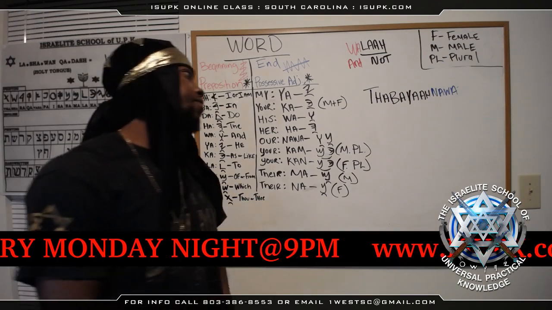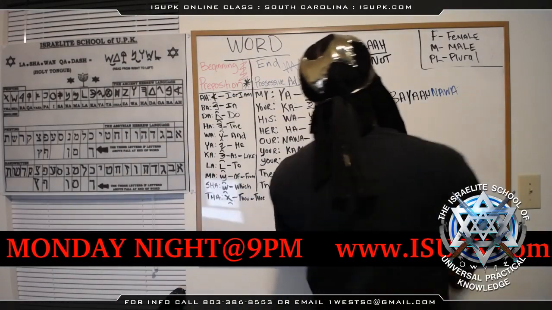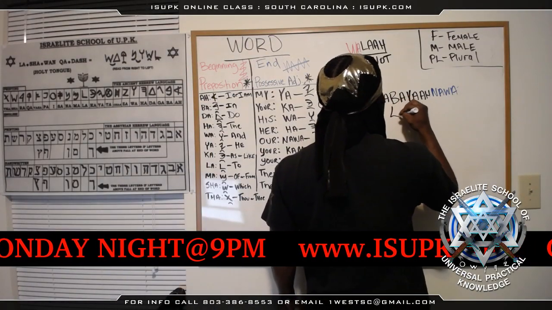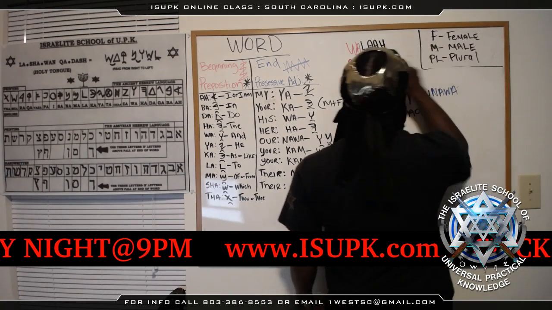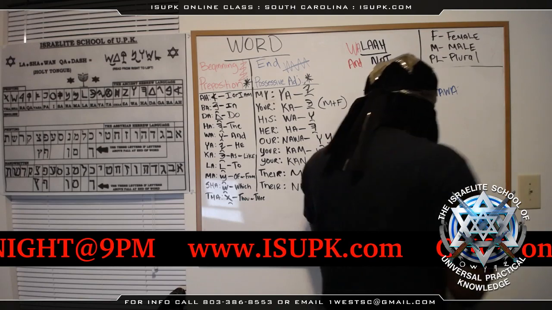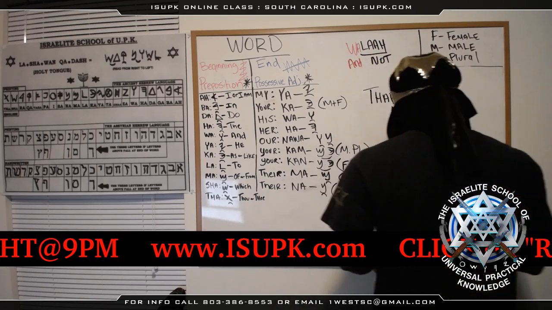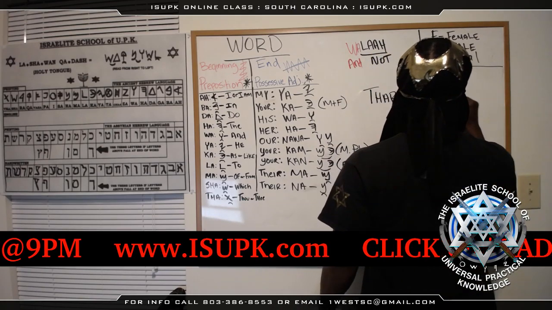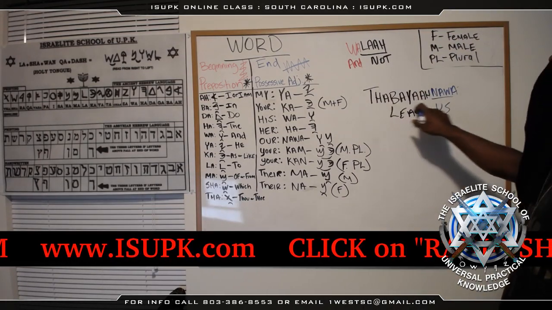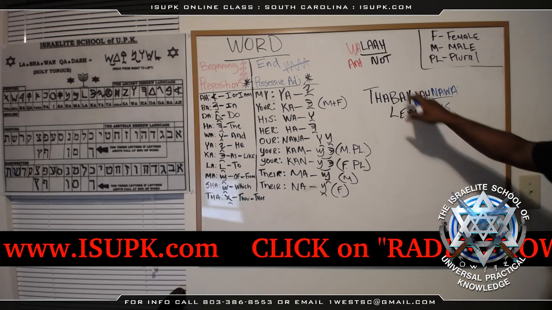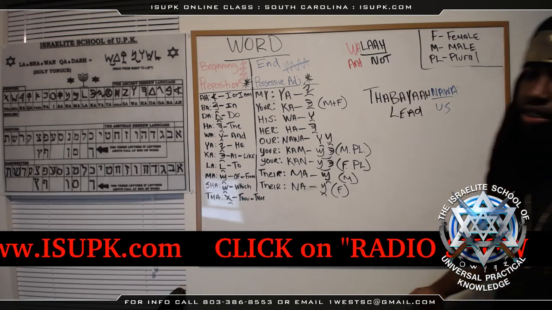All right, so then the word in the beginning will be lead. So this right here will be us. And not lead us. So wala'ah, taba'ya'anawa, and lead us not into temptation, right?